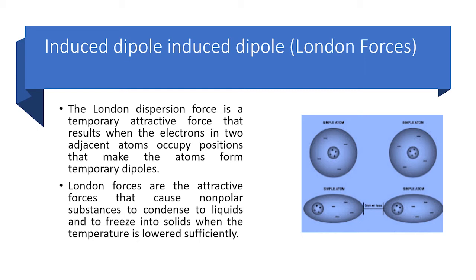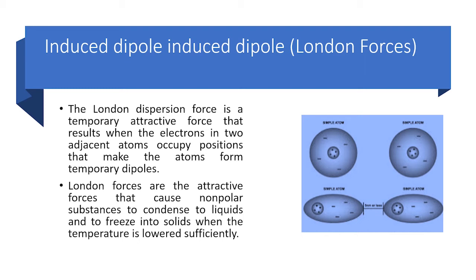This instantaneous dipole immediately induces a dipole in the neighboring molecule. The neighboring molecule is also non-polar initially, but the development of an instantaneous dipole for a very short period of time induces a dipole moment in the neighboring molecule also.